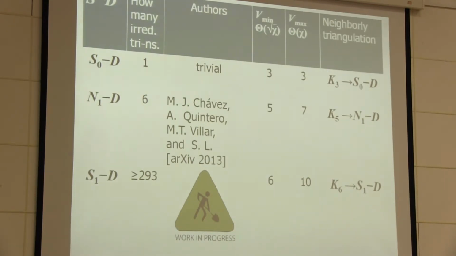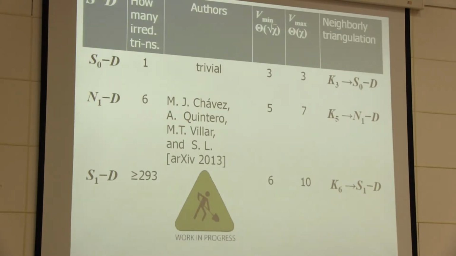And let's look at the second line. N1 minus D, which means the Möbius band. It's a once-punctured projective plane. Actually, we found all combinatorial types of irreducible triangulation of the Möbius band last year, in 2013. This was joint work with Chavez, Quintero, and Beecher.